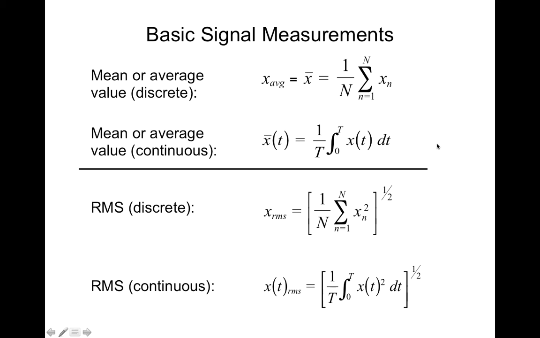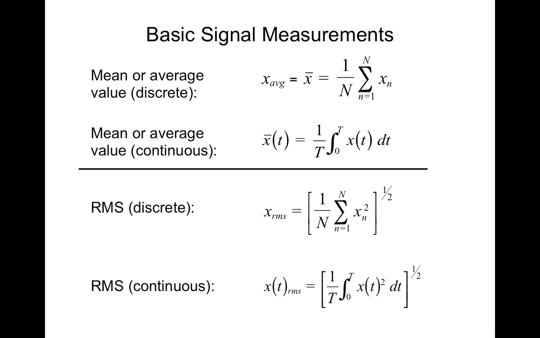If you want the mean or the average of a continuous value, you would integrate that value over a period and then divide by the period. If you have a set of discrete values, then you take the sum of all those discrete values and divide by the number of values. This gives you the mean or the average value.